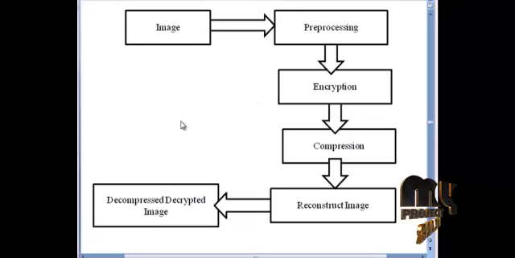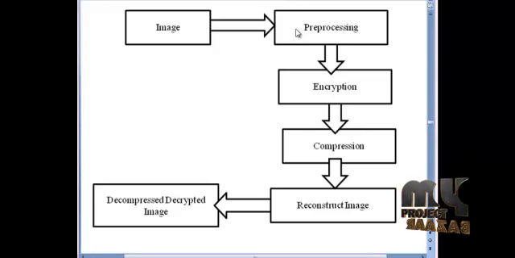Now let me see the flow of the project lossy compression and iterative reconstruction for encrypted images. Initially, the image that is to be processed is first pre-processed. Pre-processing removes the unwanted noise in the image. Pre-processing is the basic operation in all image processing tasks.